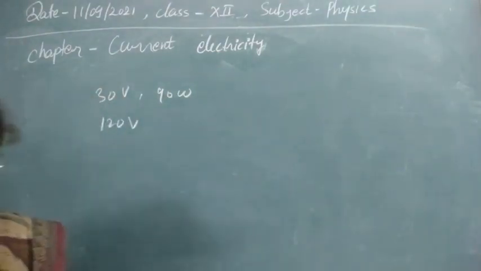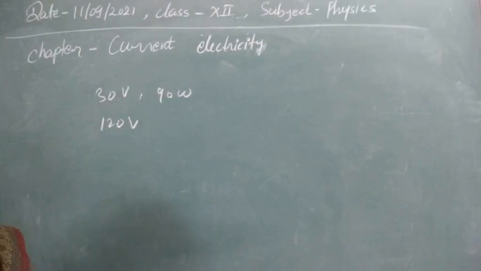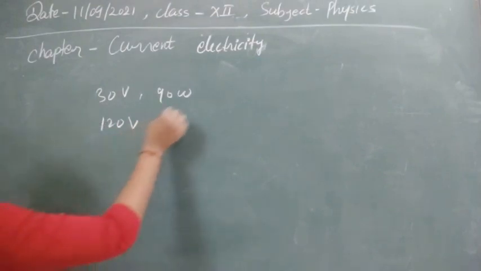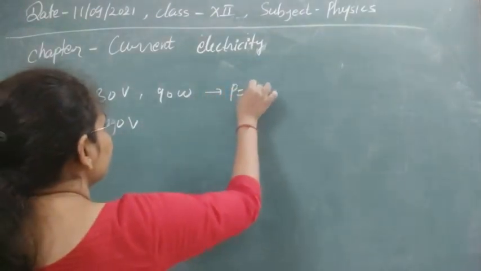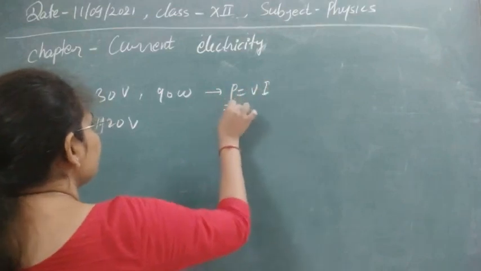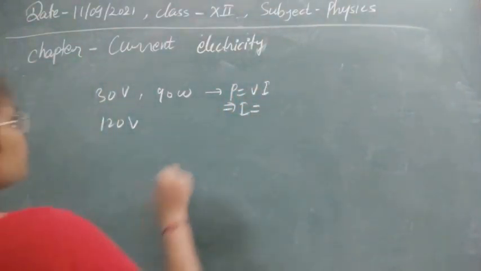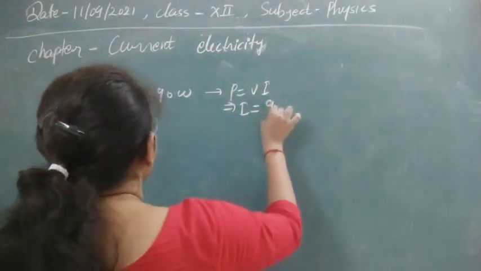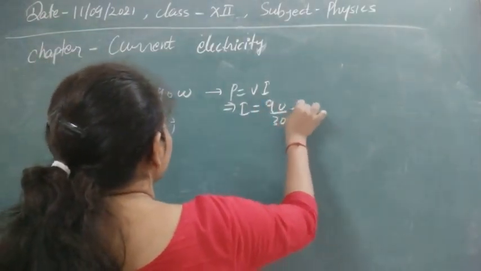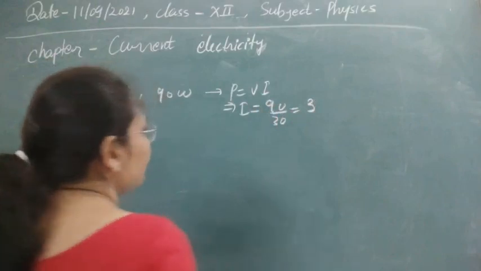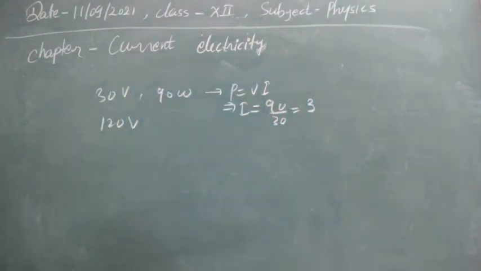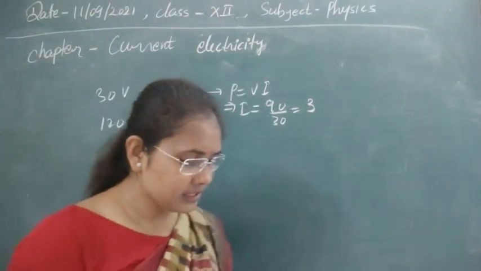So here, first of all, for DC current the power is given by P is equal to V into I. From here you can find the value of current flowing through our bulb. That will be 90 upon 30, which means we have 3 ampere current flowing. Now let's find the resistance of the bulb.